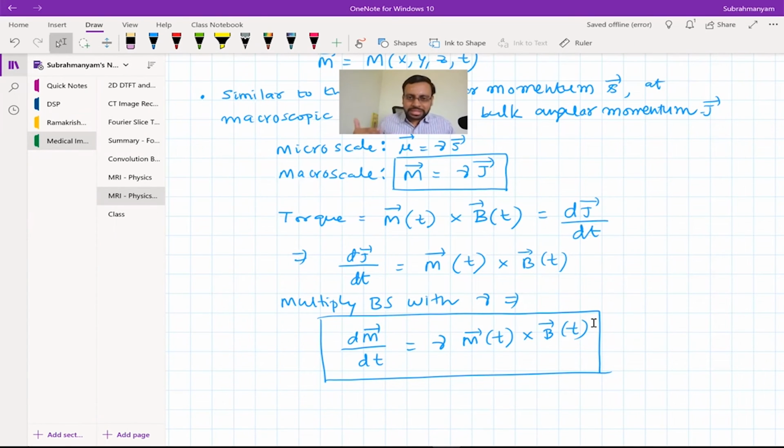You will see in the next lecture how its value varies with respect to the z axis, which is referred to as the longitudinal plane, and in the xy plane, which is called the transverse plane.